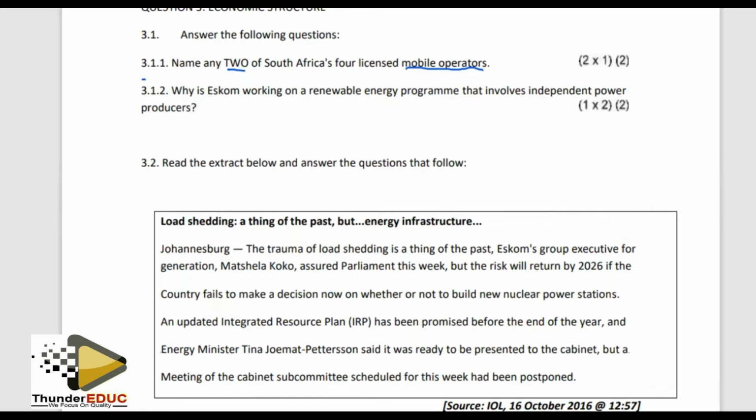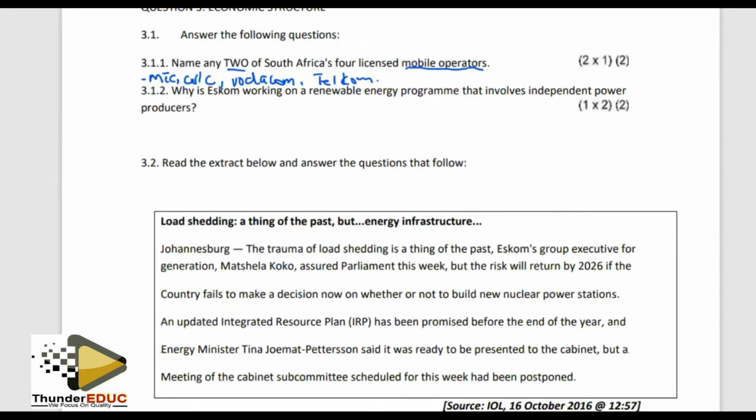For example, it can be MTN, a mobile telecommunication company. It could be Cell C. I don't know what you're using right now. It could be Vodacom. You can mention others. You can give us any other, but we just needed 2.